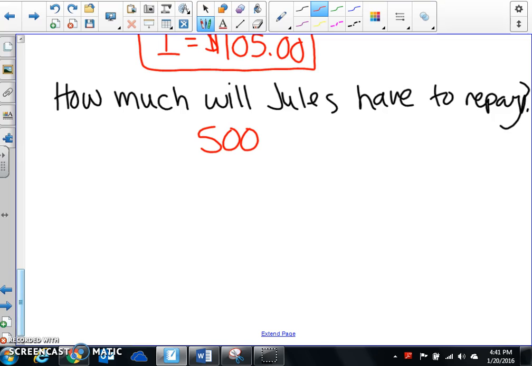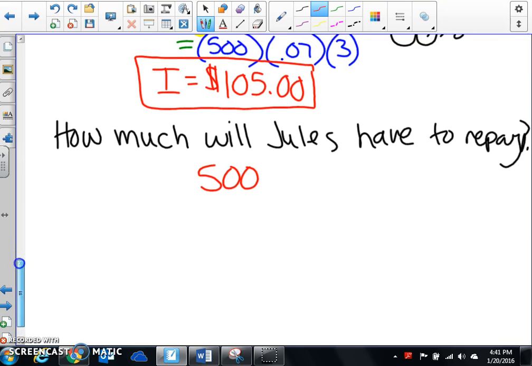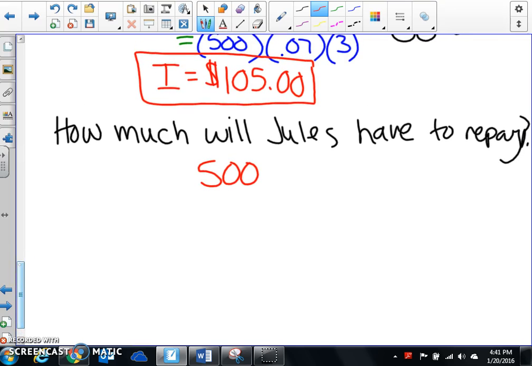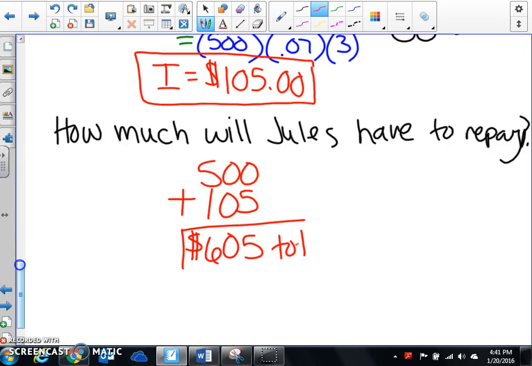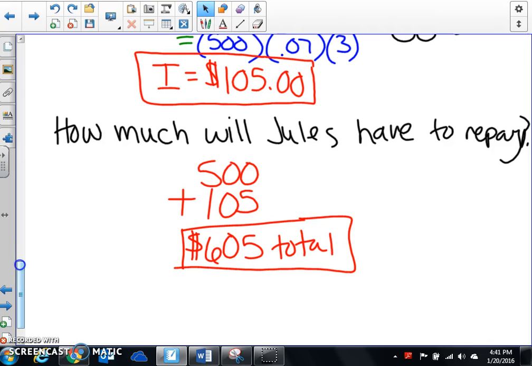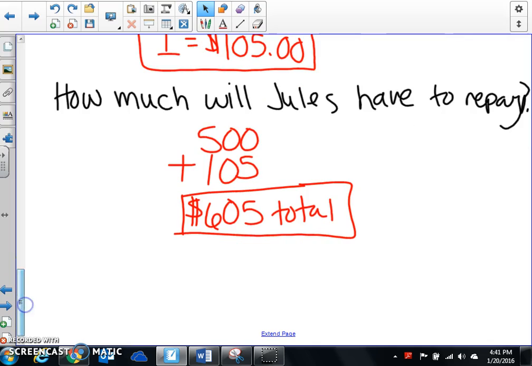But remember, the bank gave her the $500 and the interest that was gained on it was 105. So she needs to add in that interest. So she actually owes at the end of the 3 years $605 total. Let's do one more like that.